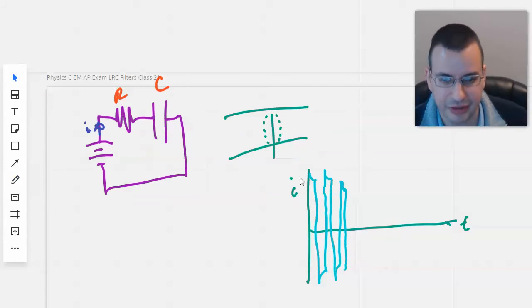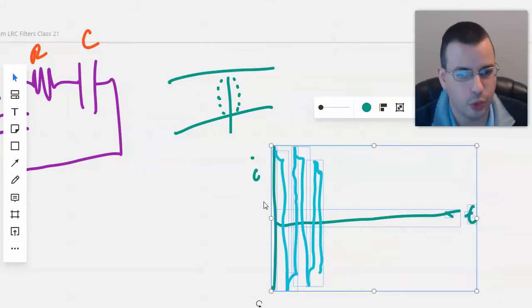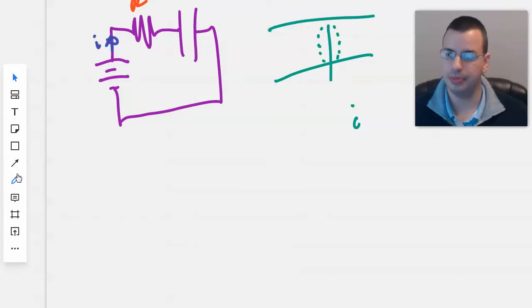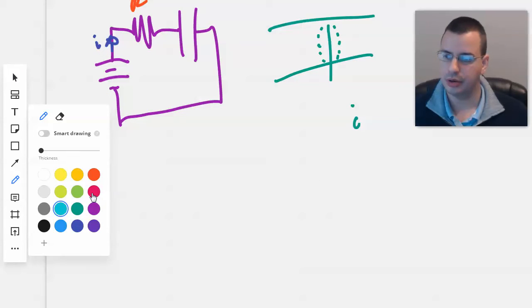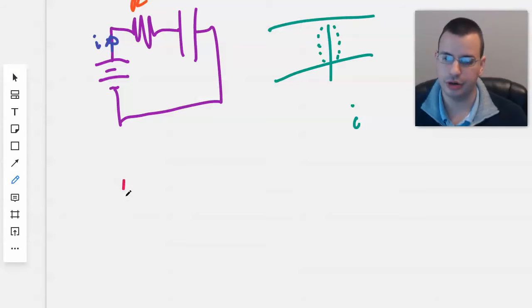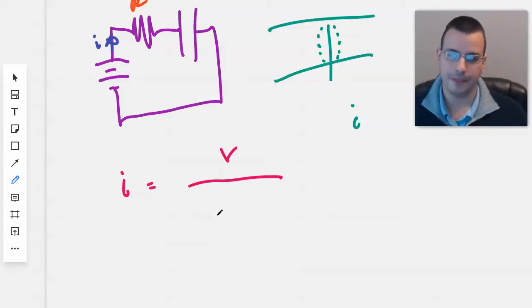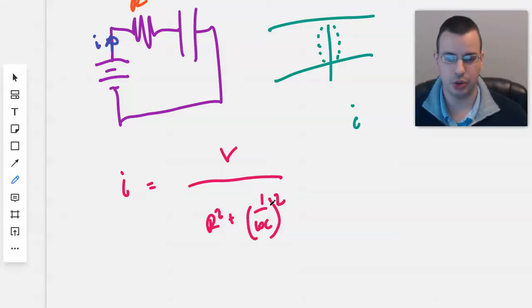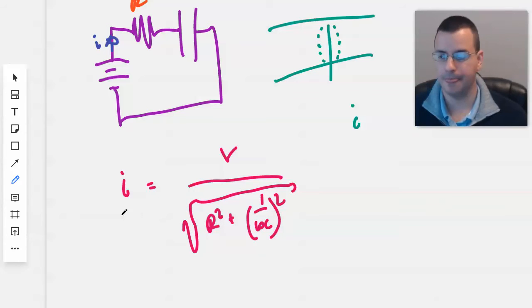And so if you have a very high frequency, the way that impedance would be modeled would be similar to before. Current would equal voltage over, and then it would be R squared plus 1 over omega C squared quantity square rooted.